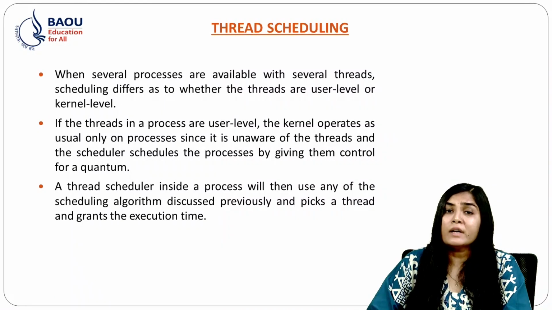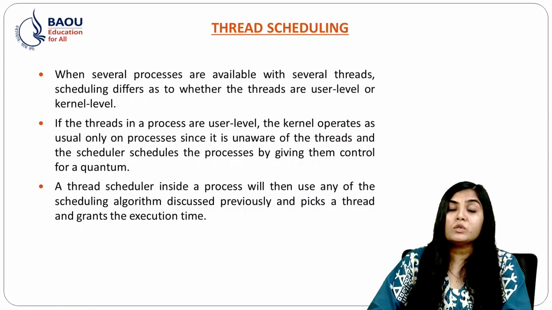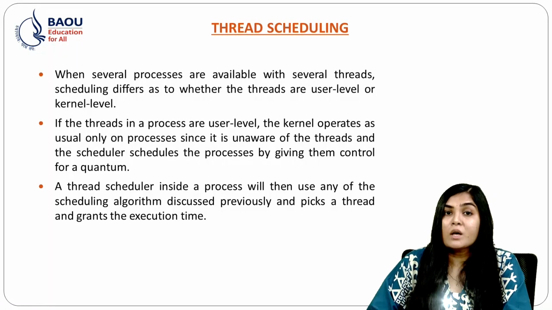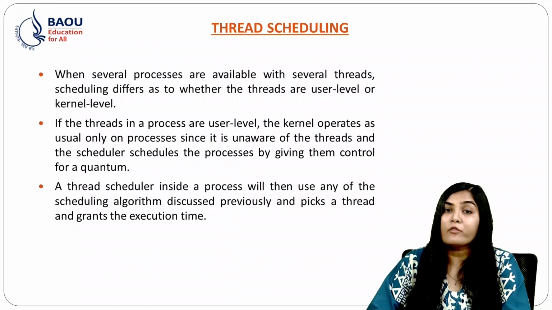When the first process is granted the CPU again, the same thread resumes its execution if it did not finish its execution earlier. So in this type of case, only the threads within the process are affected, and other processes in the system will run without being affected.